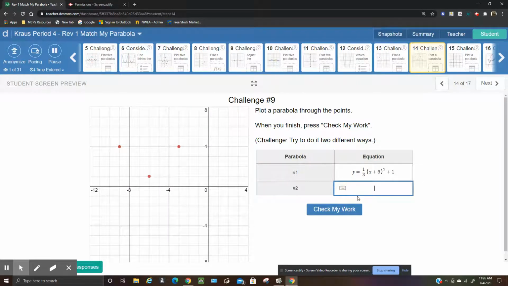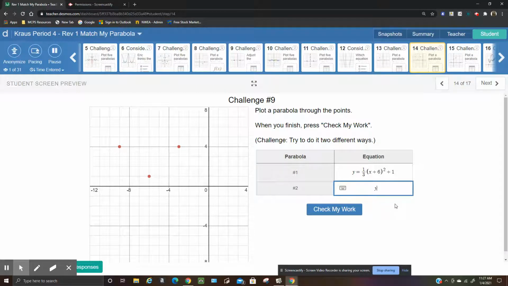And I can't do the intercept form. The only other way I could write this is to multiply this out.